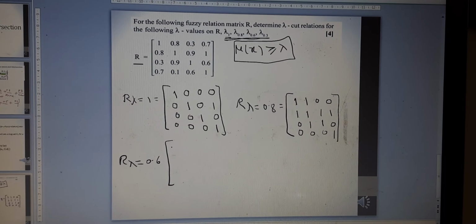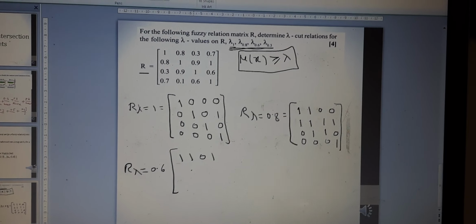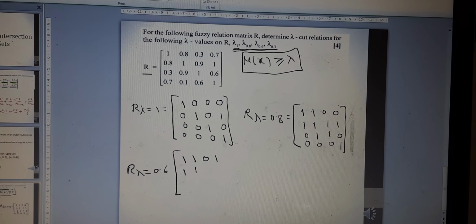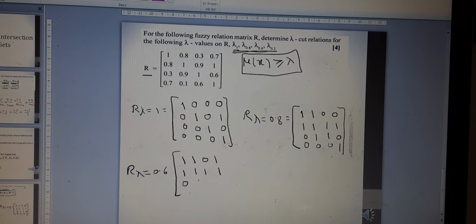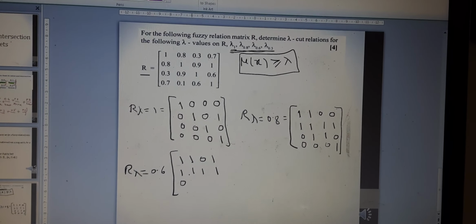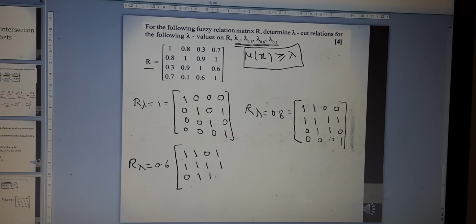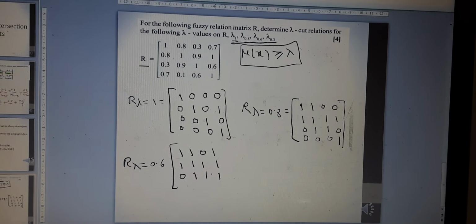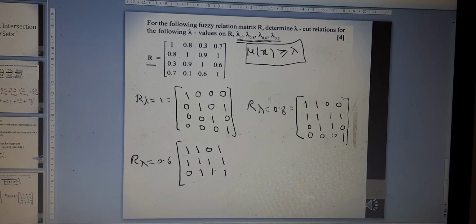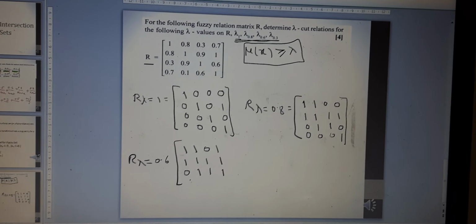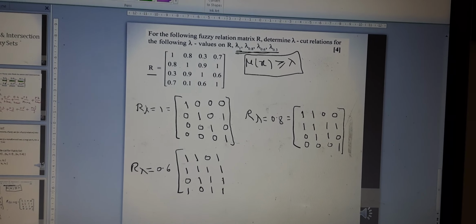Now let's start. 1 yes, 0.8 yes, 0.3 no, 0.7 yes, 0.8 yes, 1 yes, 0.9 yes, 1 yes, 0.3 no, because 0.3 is less than 0.6, so we cannot consider it. 0.9 yes, 1 yes, 0.6 yes. Why 0.6 yes? Because we have to consider all values greater than or equal to 0.6. 0.7 yes, 0.1 no, 0.6 yes, 1 yes.